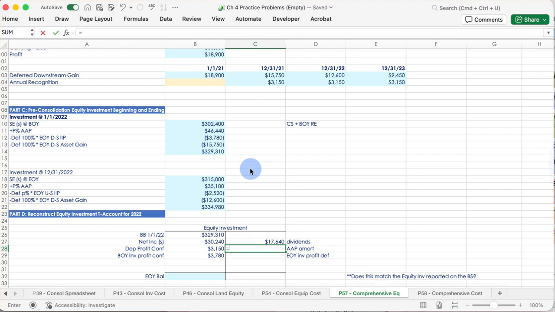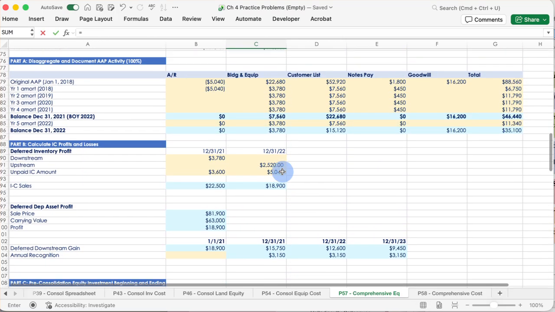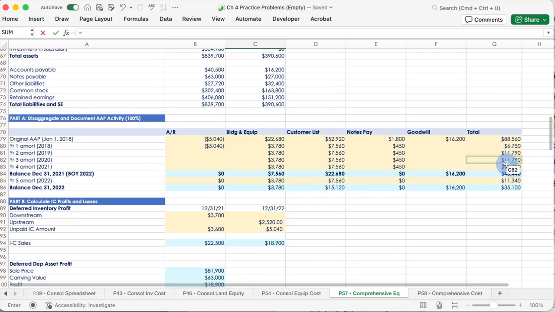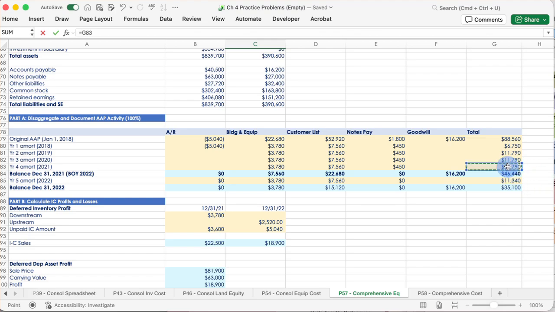We're going to go get the AAP amortization for the year. So it's this 11,000 that we amortized for the year. Or actually, let me double check. I just realized there's a difference because we stopped amortizing the notes payable. So we need to make sure that we're getting this year 2022, which is 11,340.